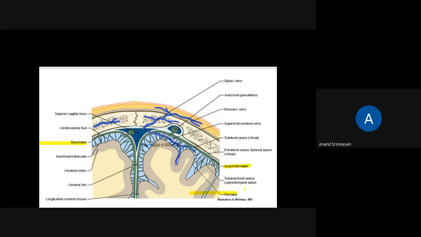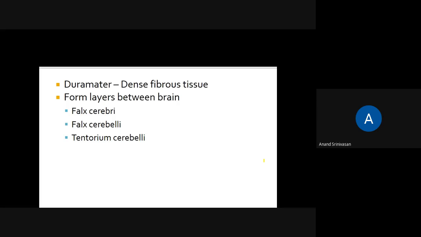Below the arachnoid mater, in the subarachnoid space, is the cerebrospinal fluid. The dura mater is dense, fibrous, and very thick. It is made up of fibrous tissue, and it forms layers between parts of the brain.